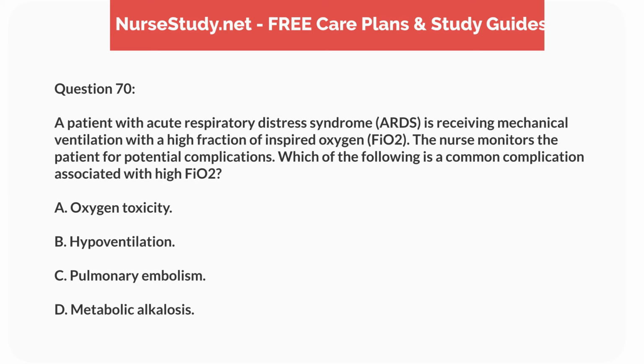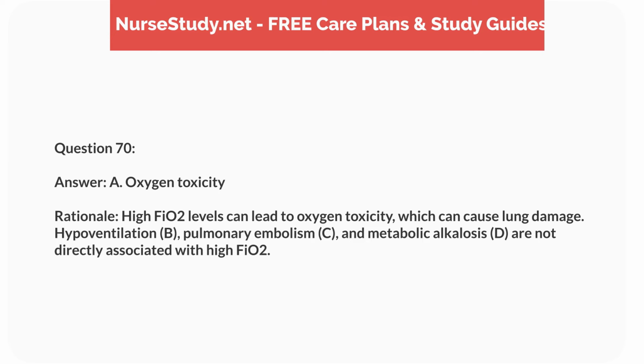C. Pulmonary embolism. D. Metabolic alkalosis. Answer: A. Oxygen toxicity. Rationale: high FiO2 levels can lead to oxygen toxicity, which can cause lung damage. Hypoventilation, B, pulmonary embolism, C, and metabolic alkalosis, D, are not directly associated with high FiO2.